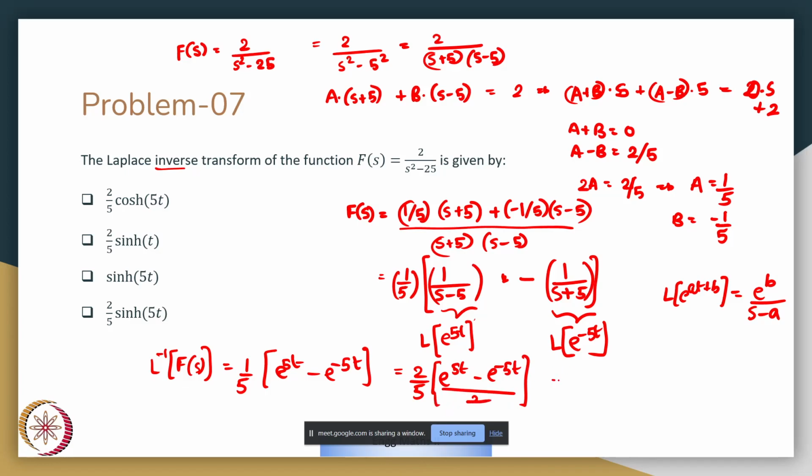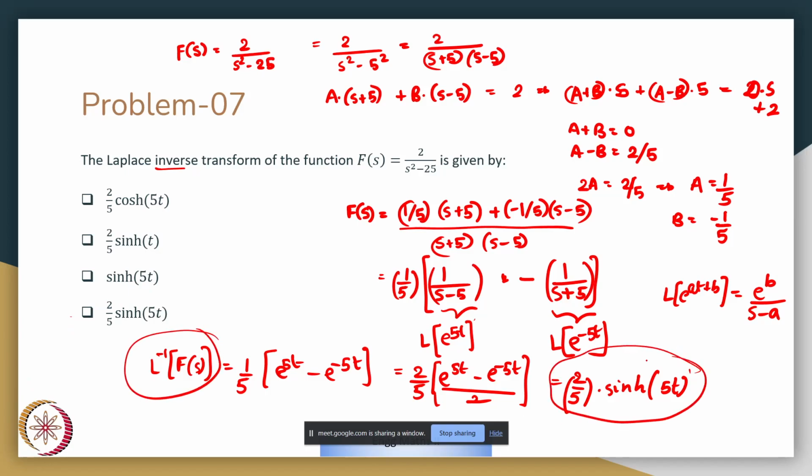Now this whole term is nothing but the hyperbolic sine of 5t, which gives me the inverse transform to be equal to 2/5 of hyperbolic sine of 5t. So that is option D.